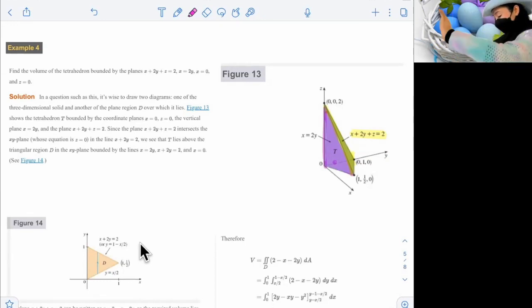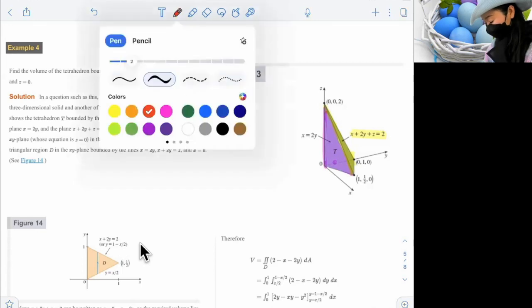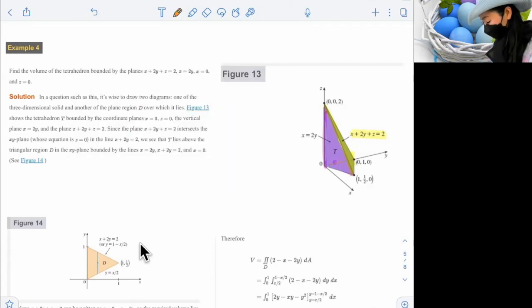Imagine that one in the back. X equal to 0 is this one here. X equal to 0 is the one in the back. It's the back wall right there.